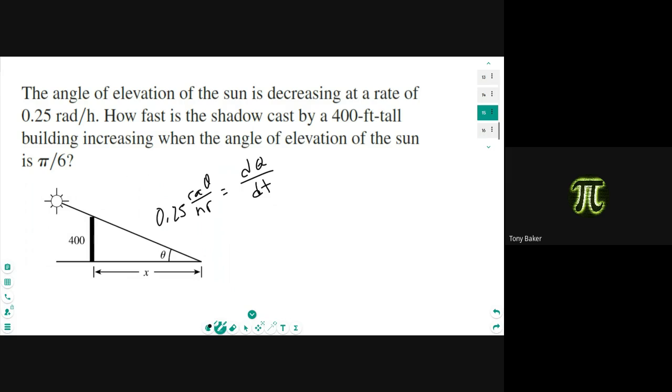Yeah, I read it as a 400-foot shadow. Now you need an equation.